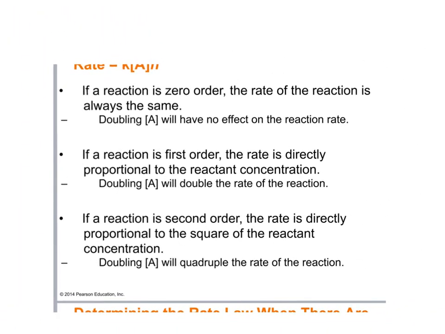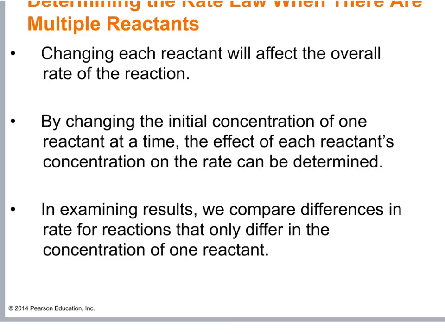If the reaction is zero order, the rate is always the same, so doubling A will have no effect on the rate. If it's first order, the rate is directly proportional, so when you double the concentration, you double the rate. If it's second order, doubling the concentration quadruples the rate.